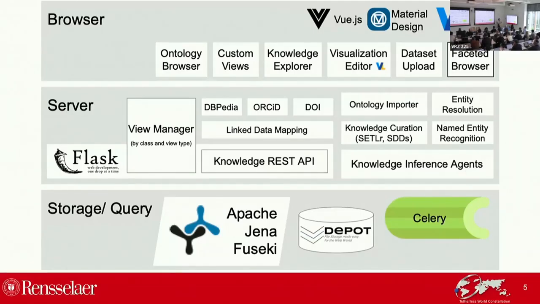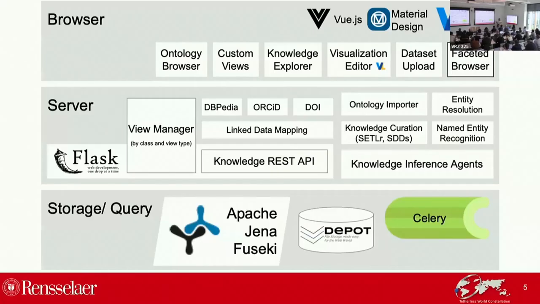You can serve it up. You can do whatever you need to do with it. And so we publish images, we publish data, we publish documents. It all can go into Whyis or not, because it's just a URI, and so you can just reference it out on the web instead if that's helpful. And then finally, we use Celery as the basis for a distributed inference agent system that I will talk about in a minute. But on top of all that, we have essentially a user interface system and a knowledge inference system.